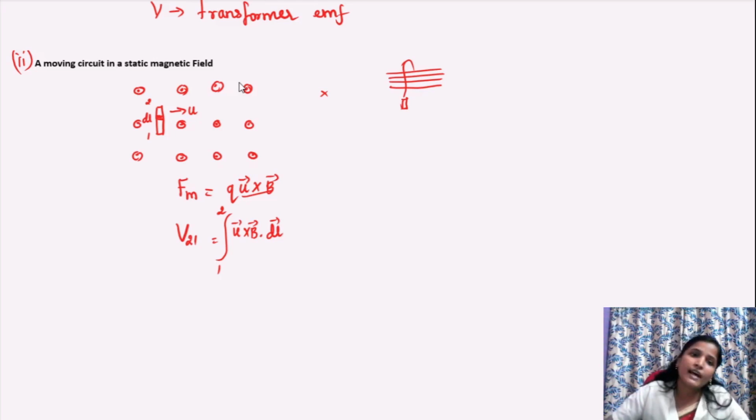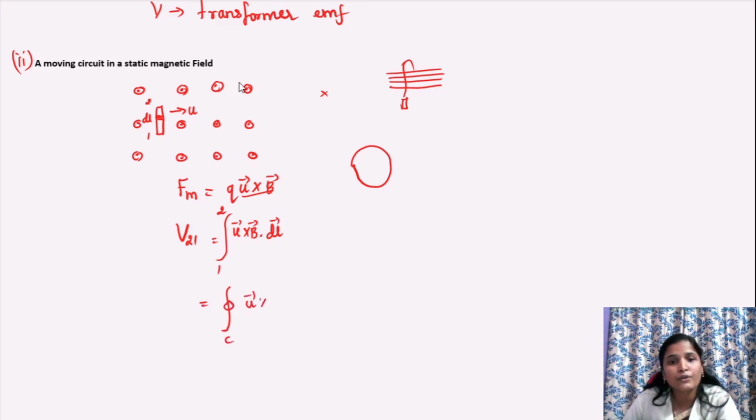Now instead of assuming the length of the conductor to be 1 to 2, if I assume that the conductor is a closed circuit, what happens? There is no starting and ending point, right? So I will relate this equation as the closed line integral of u cross b vector dot dl. Let me name it with another EMF, v dash.